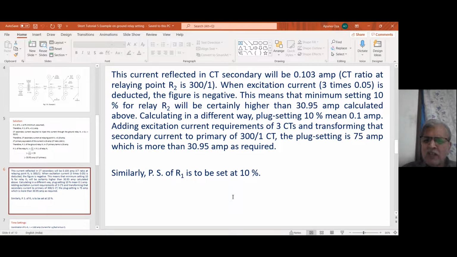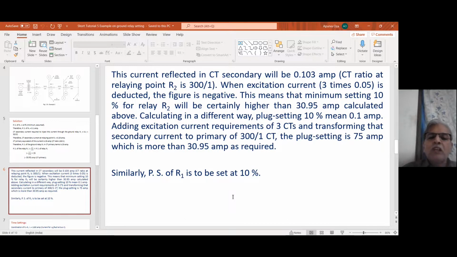If you don't understand this setting, I would calculate in a different way. Plug setting of 10% for R2 I am taking is 0.1 and I have to add 0.15 to that, 3 times 0.05, so 0.25. If you take 0.25 in primary of 300 bar 1, that is 1 is 300, what is 0.25, that will become 75.